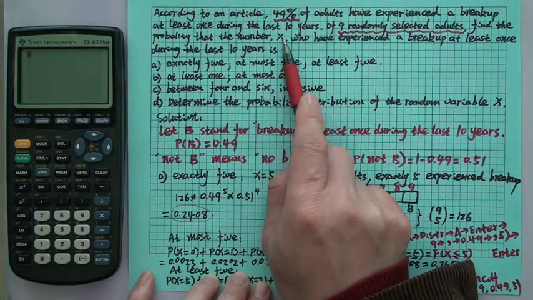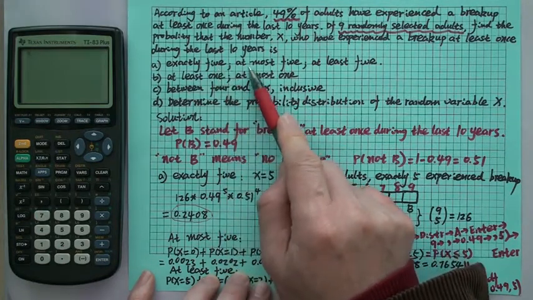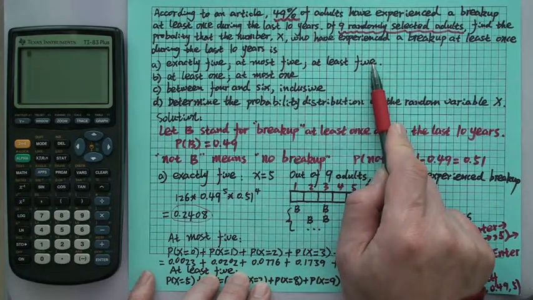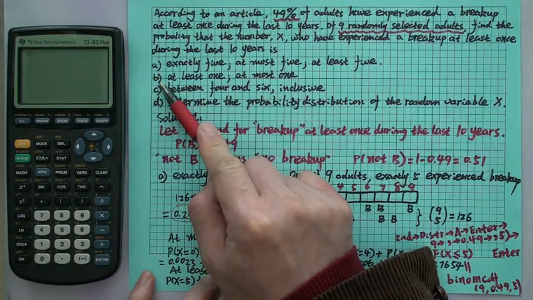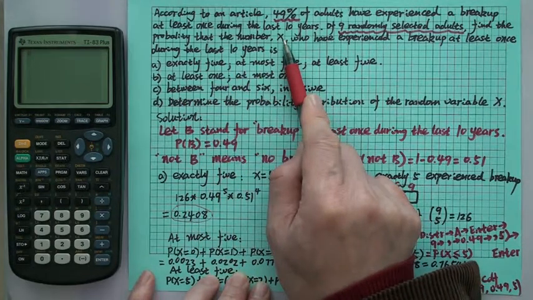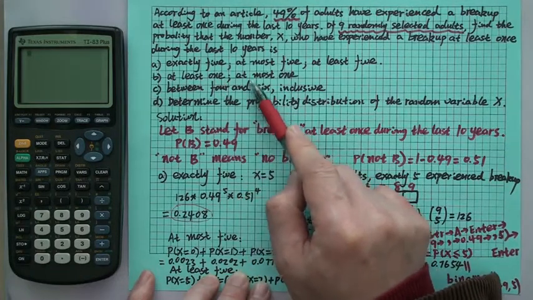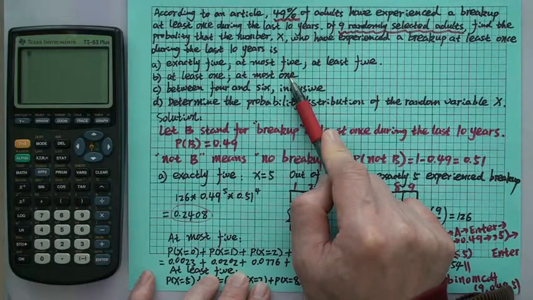Here x chooses values: Case A is exactly 5, at most 5, at least 5. Case B is x at least 1, at most 1. There are 2 cases.